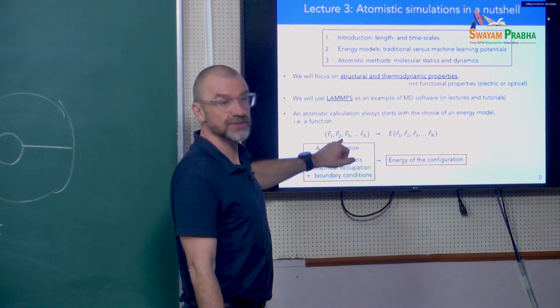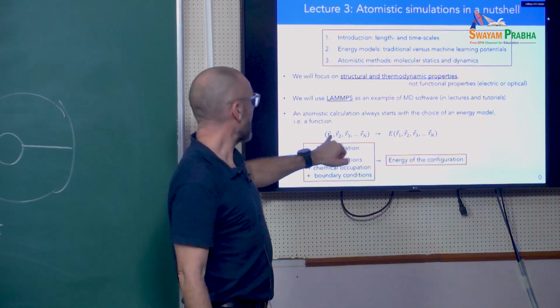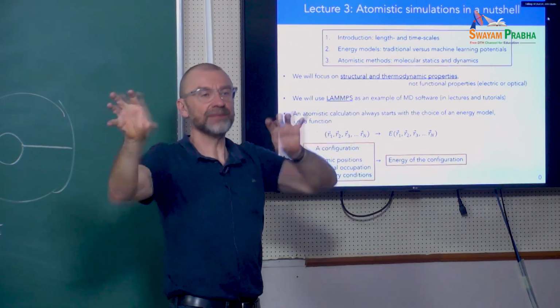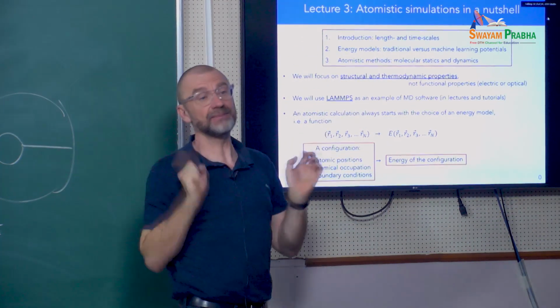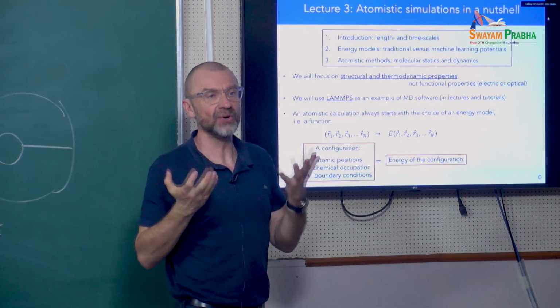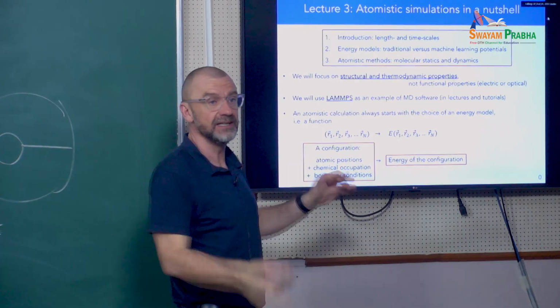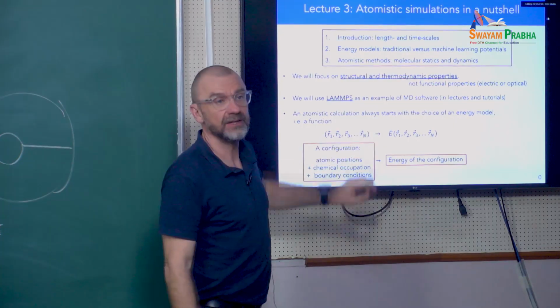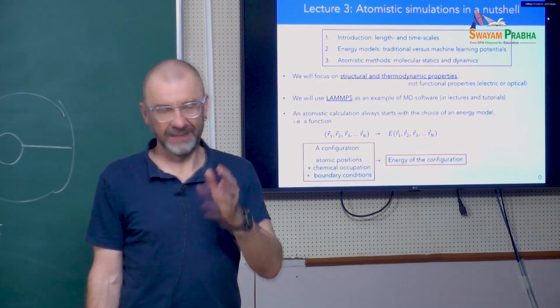In these positions, for example, if you have a vacancy, you will have positions at every atomic position in the crystal, except that there will be one atom missing. So the vacancy will be encoded in these atomic positions. Sure, yeah, that will come later.